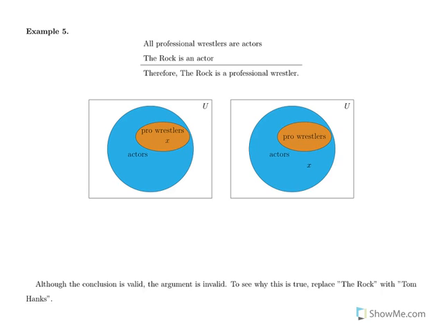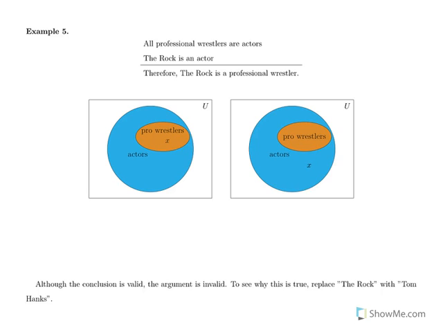But this argument is invalid. The conclusion is valid. The argument is invalid. To see why, you can replace The Rock with another actor like Tom Hanks. All professional wrestlers are actors. Tom Hanks is an actor. Therefore, Tom Hanks is a professional wrestler. And we know that that's just not true.